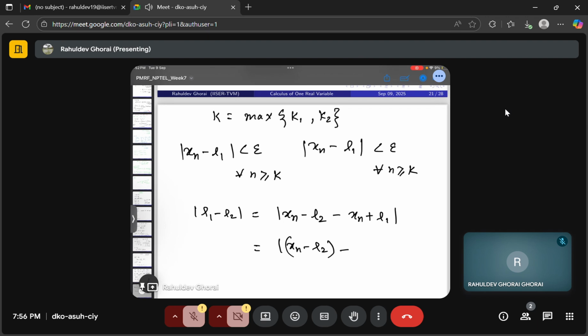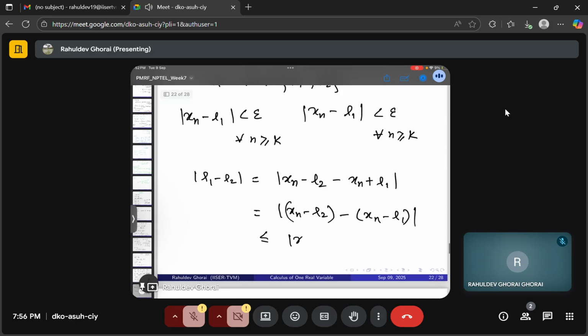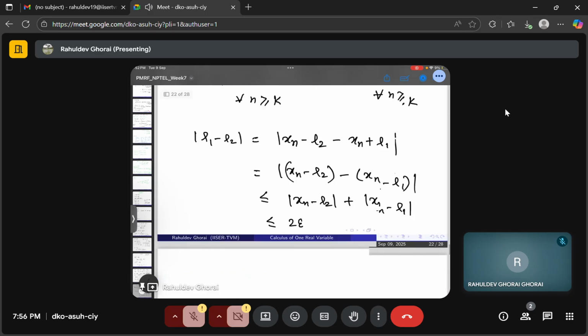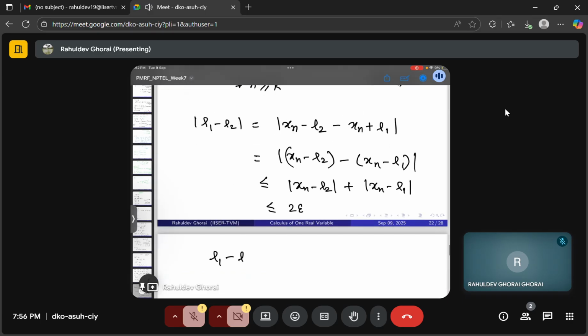These two moduli are nothing but less than or equal to |xn - L2| plus |xn - L1|, that is less than 2 epsilon. So L1 and L2 are two real numbers such that |L1 - L2| is less than or equal to 2 epsilon.